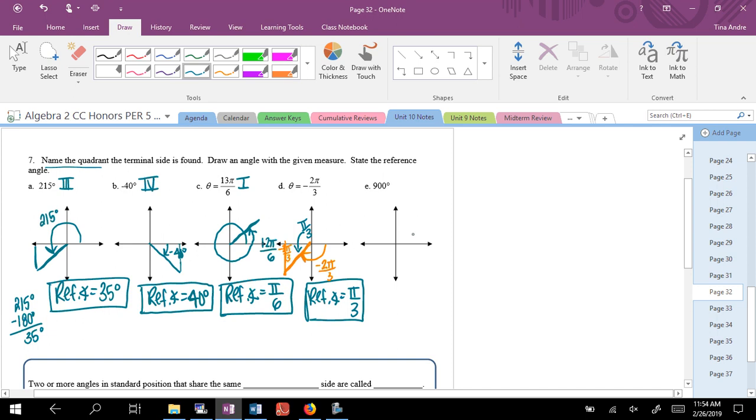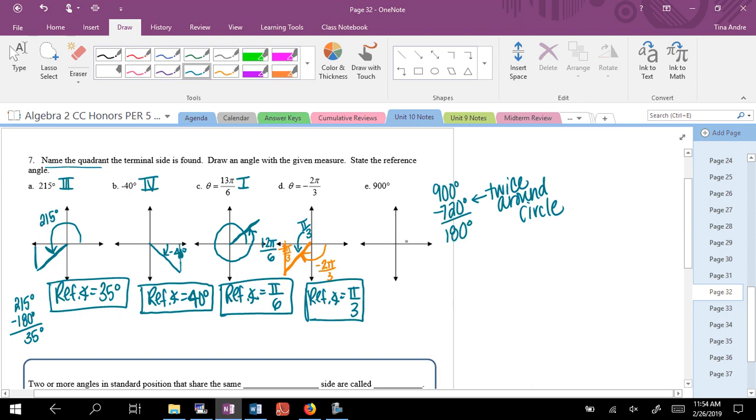900 degrees. So think about this is way bigger than 360. It's actually way bigger than 720, which would be if I went around the circle twice. So let's figure out how much is left. So if we subtract off 360 twice, so I'm just going to say 720 because that means 2 times around the circle. That's going to leave us with 180.